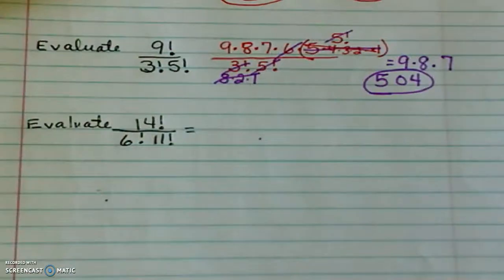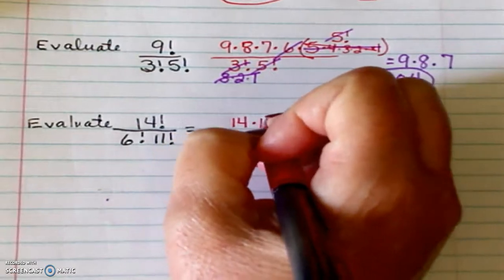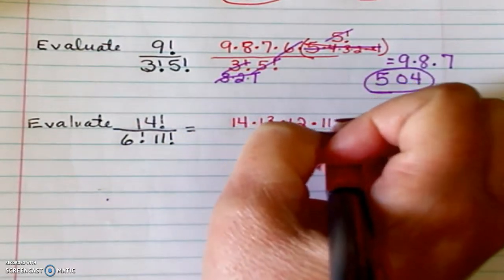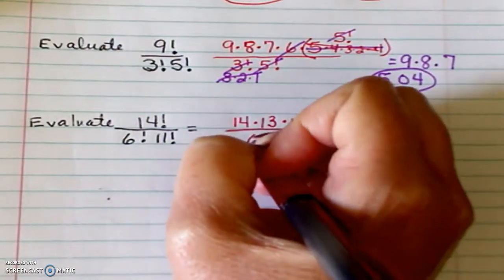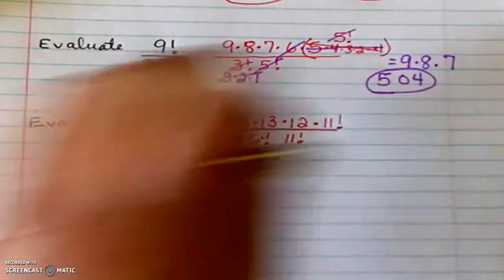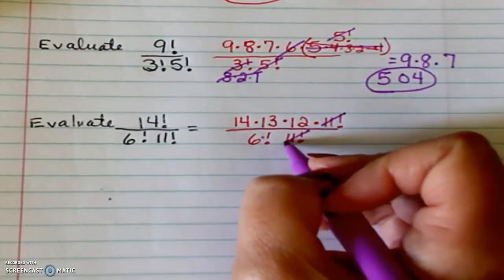So if I were asked to evaluate 14 factorial over 6 factorial times 11 factorial, I would look at 14 times 13 times 12 times 11 factorial, because that is my largest factorial in the denominator. So I have 6 factorial times 11 factorial. Now the 11 factorials cancel.